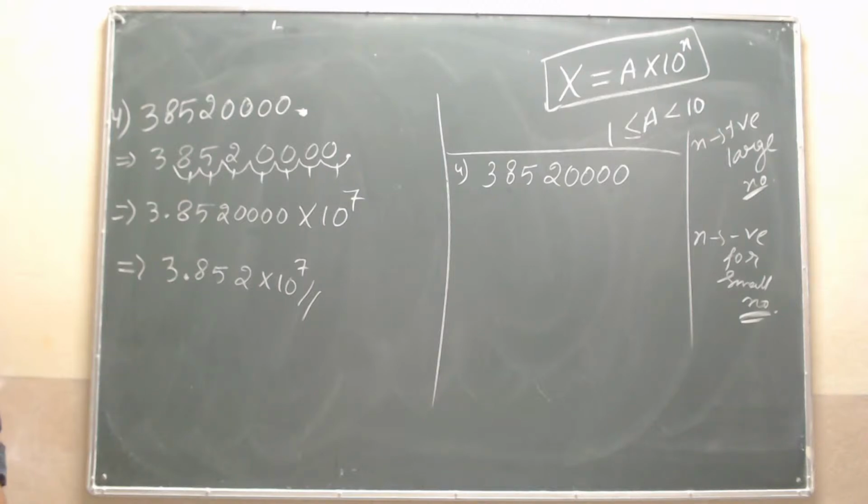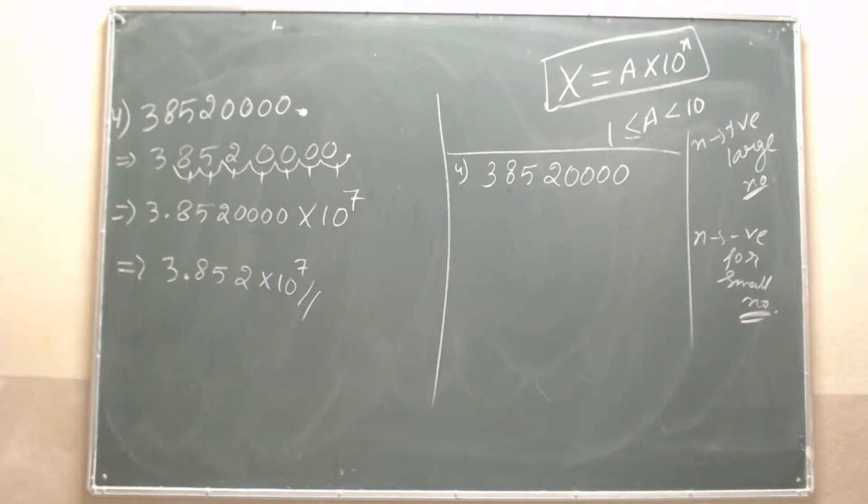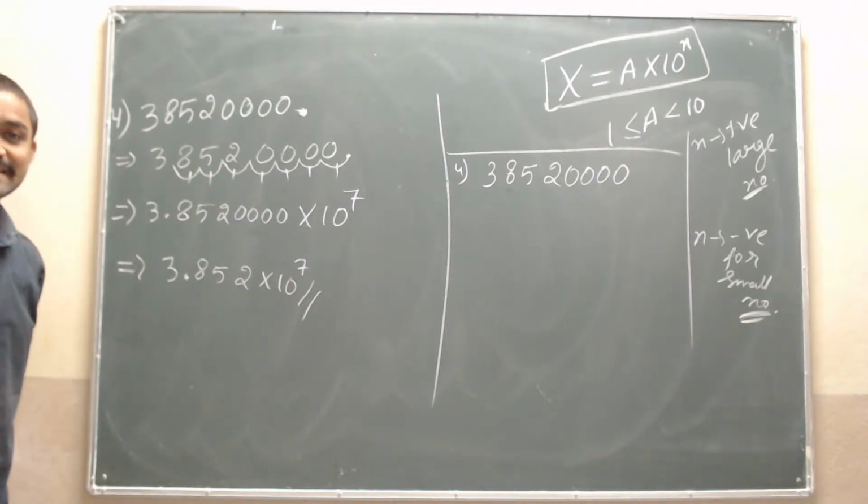It is 3.852. And Pragnamiti, 3 point into 10 to the power of 7. Yes, it is not 33 point. It is only 3 point. Okay, Sharada? Yes, students. Is it clear, students?